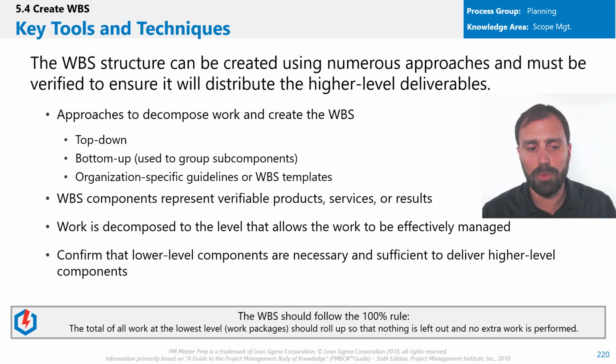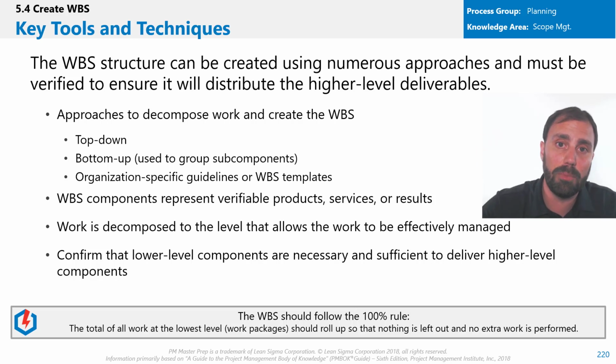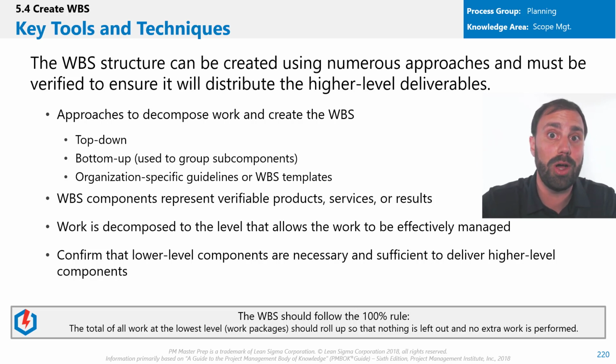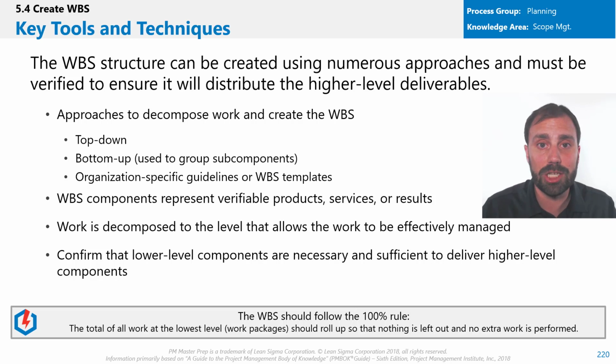And then as you go down to the bottom, you want to confirm that the lower level components are necessary and sufficient to deliver the higher level components. And remember, the 100% rule helps you do that. All right, so we just finished 5.4, and the big deliverable in 5.4 is what? The scope baseline. All right, so that's really good. We worked our way from requirements all the way down to the scope baseline. We've established one of the 3 baselines, and we're off and running on this project.